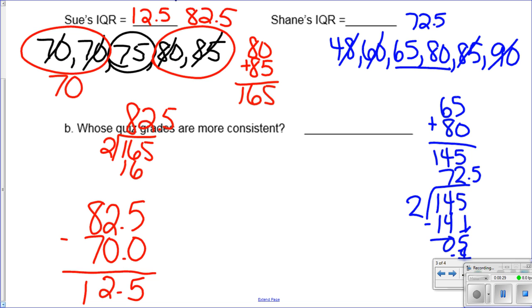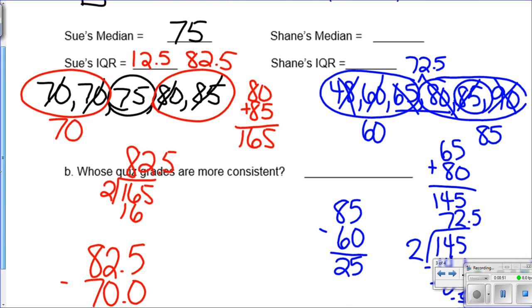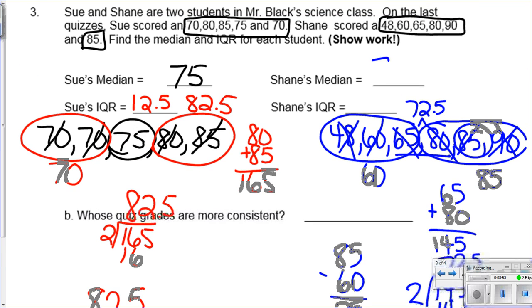Now, when you do that, remember, now I need the 65, now I need the 80. Get rid of, I'm left with 60. Get rid of, I'm left with 85. 85 minus 60 is 25. So now I can go back up and fill in my blanks for my median, 72.5, and for my IQR, 25.